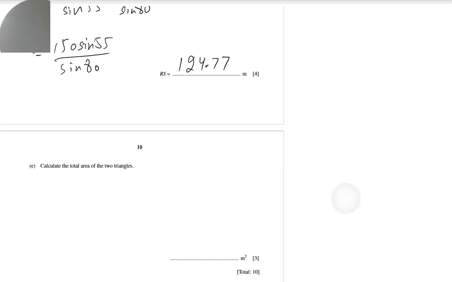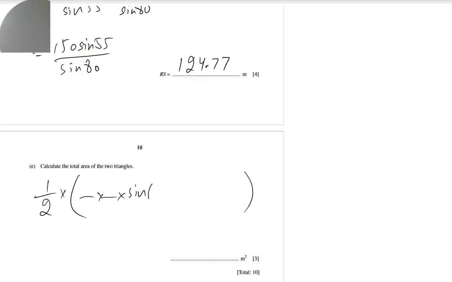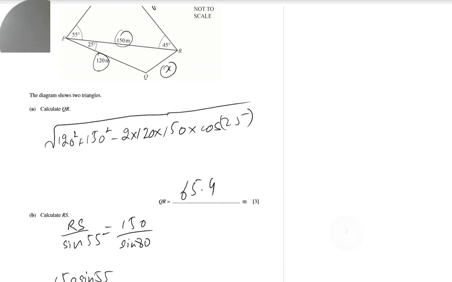Area of two triangles. I will be taking 1 by 2 as common. Something into sine of something plus something into sine of another something.